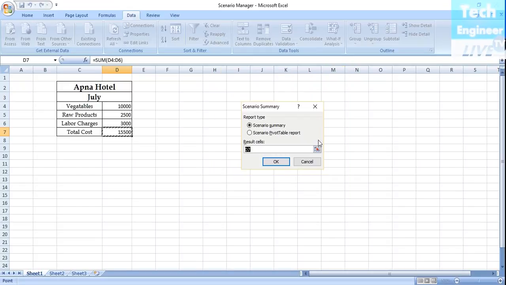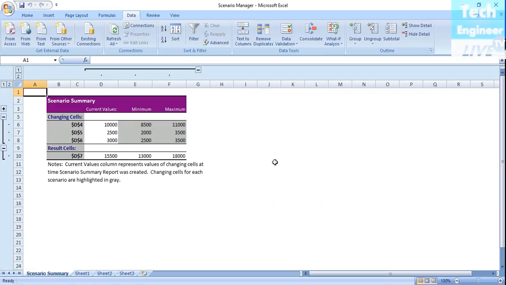Now, for example, I'll go with the summary. There will be a summary according to the price, 15,500 rupees. A scenario summary. So I will go with scenario summary. This is what the scenarios could be. We have the current values, the minimum and maximum.